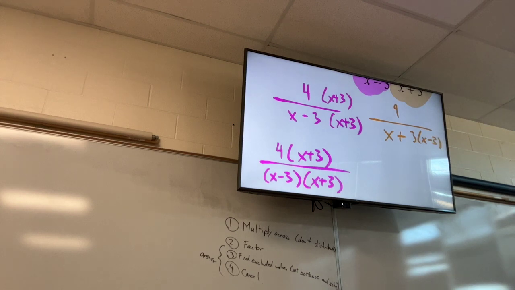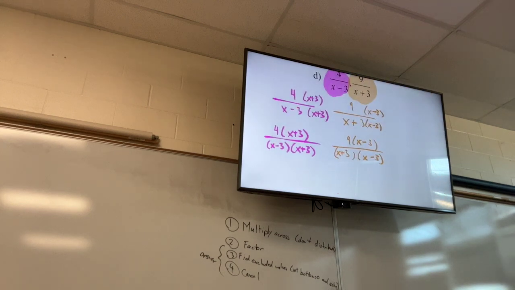So let's multiply the top and bottom by x minus 3. Good stuff. My denominator's the same now? Yes. We're done. All right.